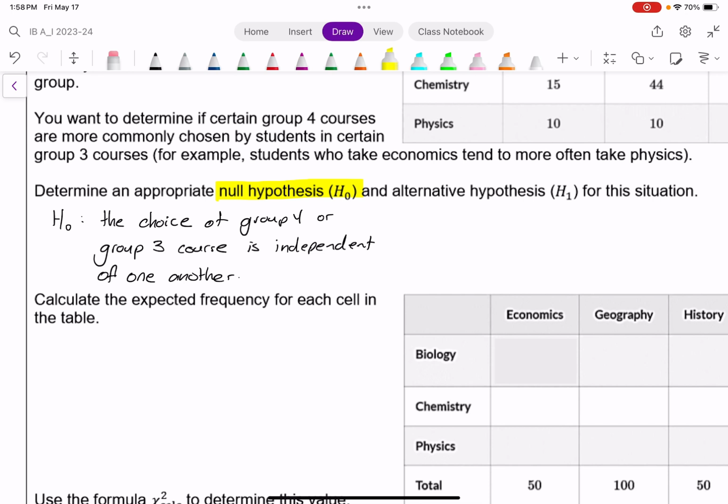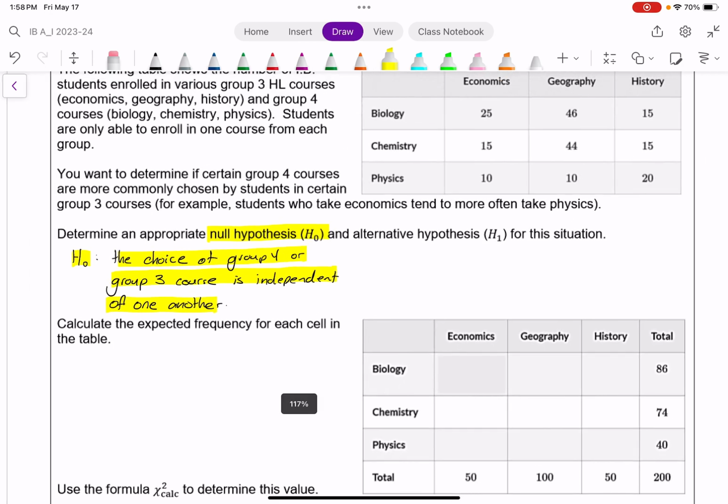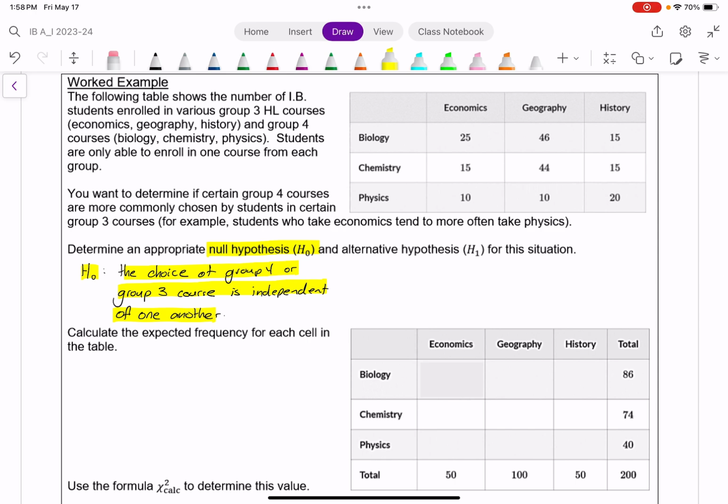If this is the case, then it doesn't matter if students take economics, geography, or history, we should not see a relation to certain students taking more of one of these three. The null hypothesis is always our default position, and we're trying to prove this is not true. That's the null hypothesis.